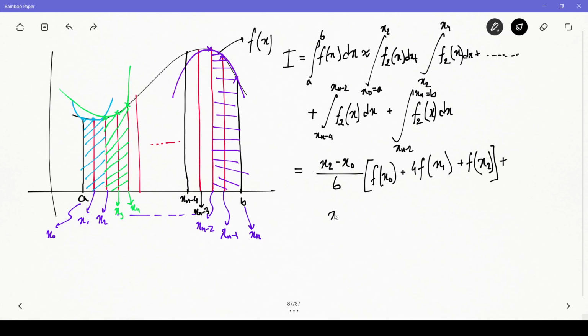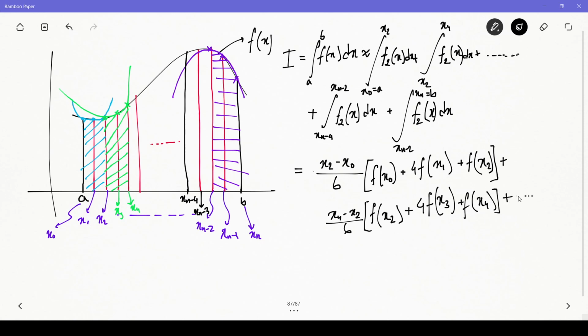So x4 minus x2 divided by 6 times f of x2 plus 4 times f of x3, because between x2 and x4 we have x3 as the midpoint, plus f of x4. Fine. So now that we have this, let's proceed with the remaining terms.